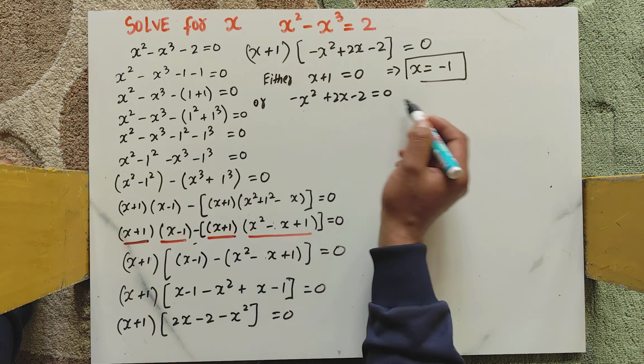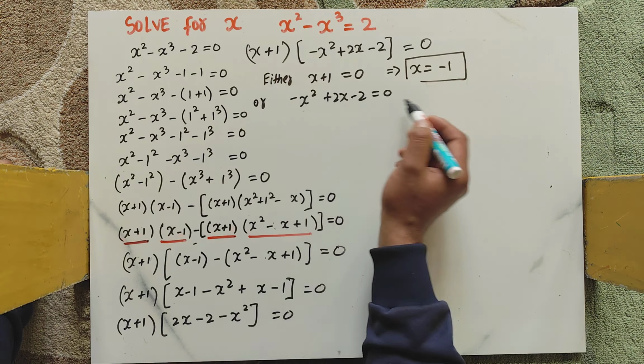We know that if we have ax square plus bx plus c, the value of x is equal to minus b plus minus square root of b square minus 4 times a times c, divided by 2 times a. Now here we have x square minus 2x plus 2 equal to 0.